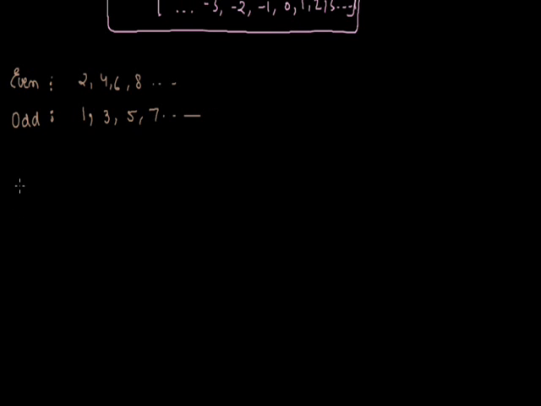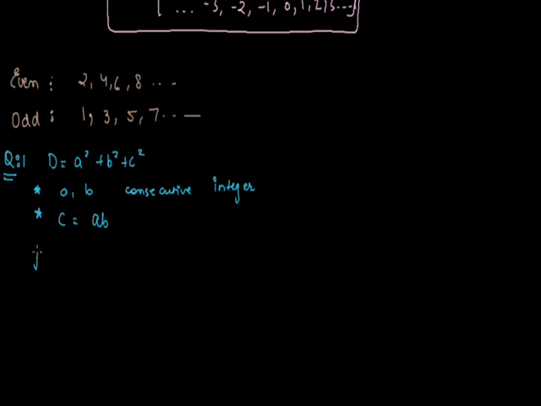So based on this, we are going to do two problems. Our problem number 1 is: we have d equal to a² + b² + c². The information we have about a, b and c is that a and b are consecutive integers and c is equal to a×b. Now we have to say what is √d.